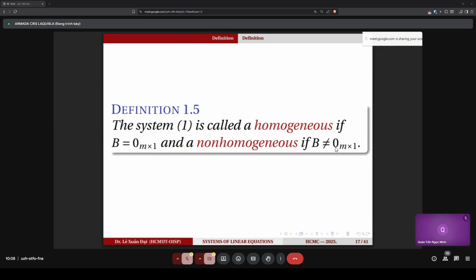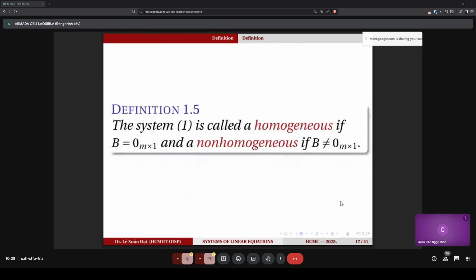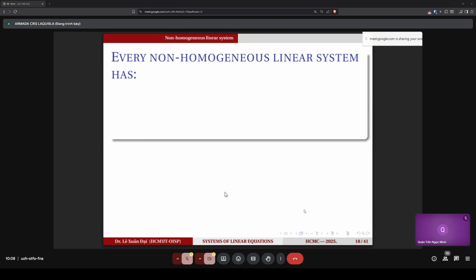So for example, class, your matrix is 1, 0, 0 here. So b1 is 1. That is not considered a zero matrix, so it's non-homogeneous. Even if one entry in your B matrix is not zero, it's non-homogeneous already.